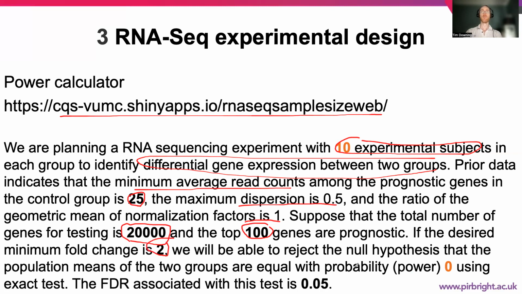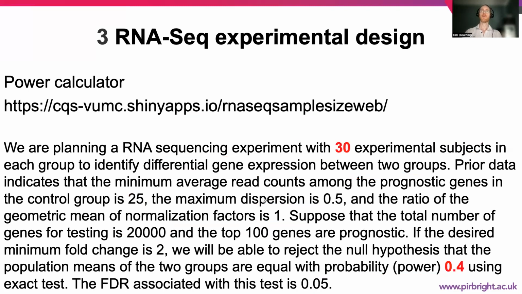Then our power for this will actually be about 0 if we have a false discovery rate of 0.05. So 10 samples for a typical sequencing run with limited read coverage will have no power at all. If we increase that to 30 with the same context, the power increases to 0.4. Remember, the power is our capacity to detect true positives, so this means we only get 40% of the true positives.